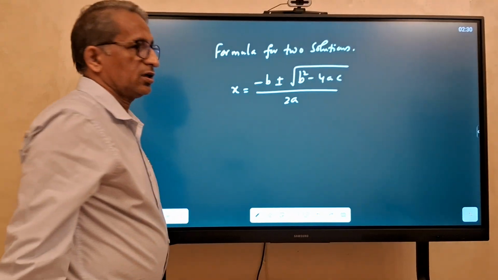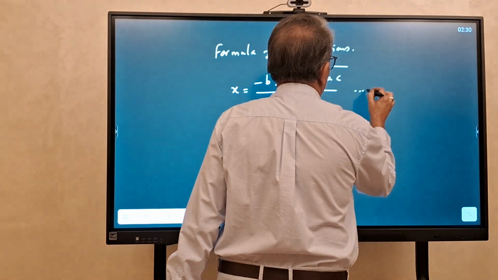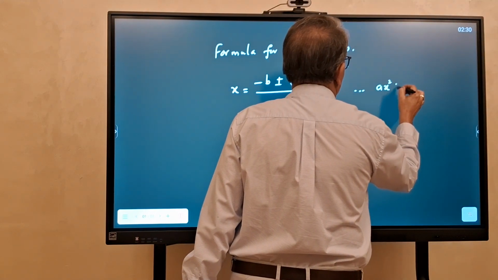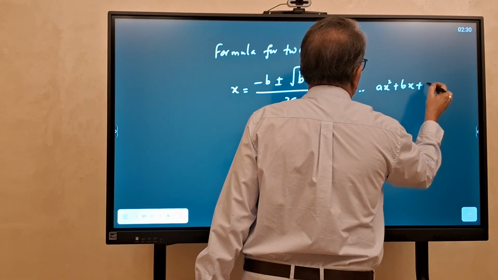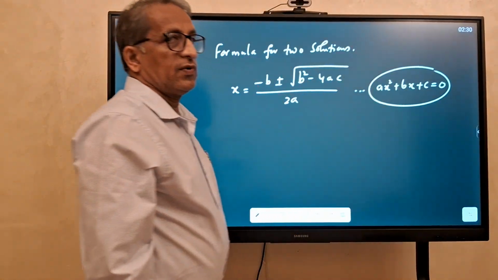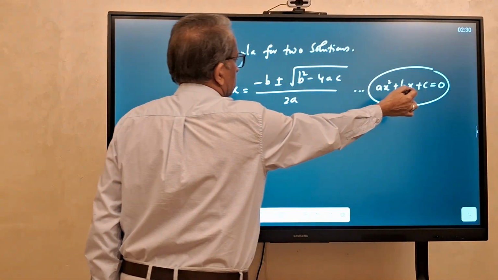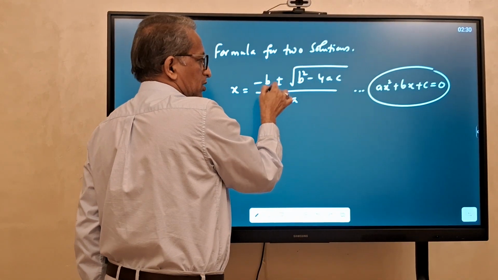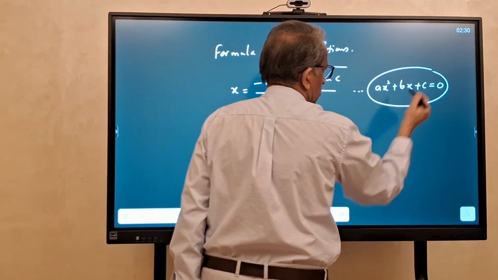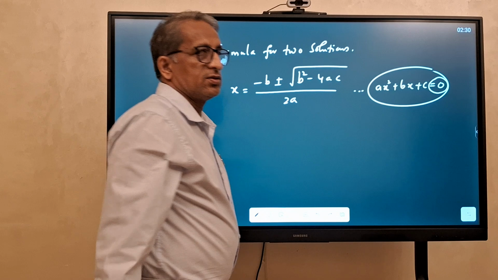This is the formula to find the two solutions of the quadratic equation ax square plus bx plus c equal to 0. But you have to be very careful. Before you find a, b, c and substitute in this formula, the right hand side should be 0.